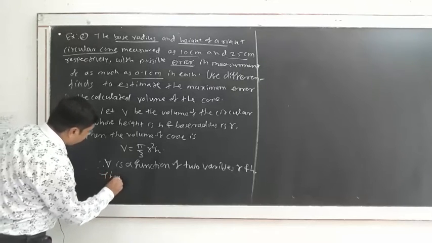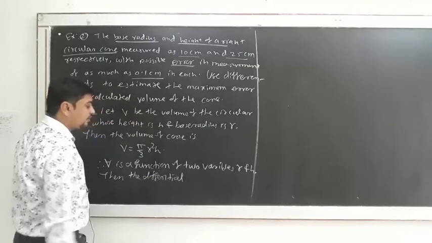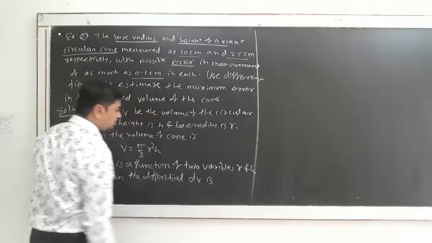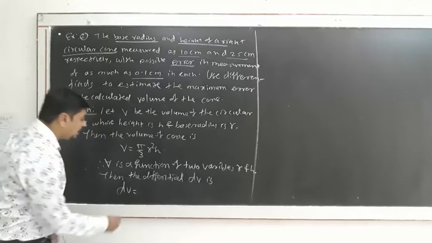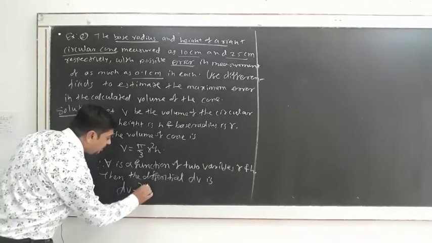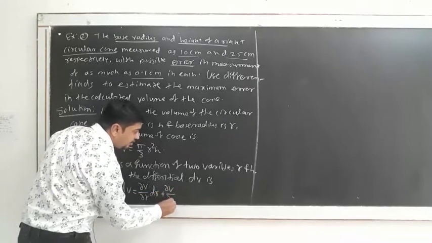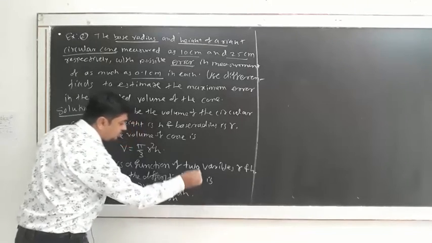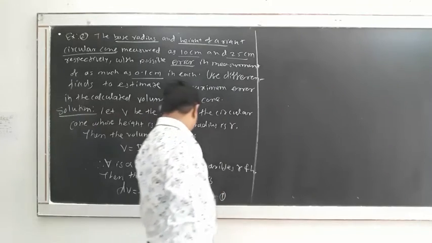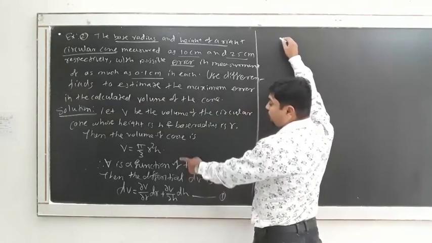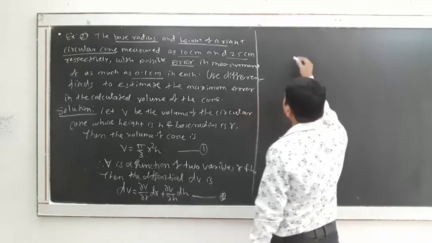Then the differential dV is equal to, we can write, del V by del r dr plus del V by del h dh. For this we need to find del V by del r. We have the function, say this is equation 1, this is equation 2.